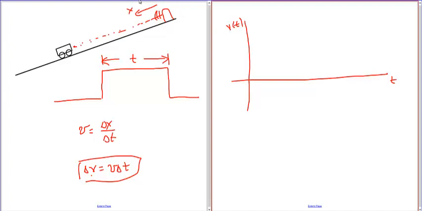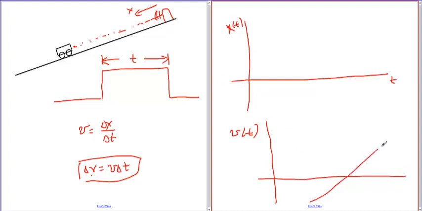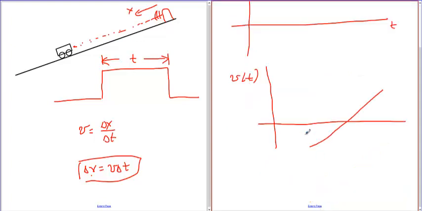Okay. Now, during the period where you're not touching the cart, this is position. What we're going to do is look at velocity as a function of time. If you do that, what you will see is that initially the velocity will be negative, and then will go to 0, and then will become positive.